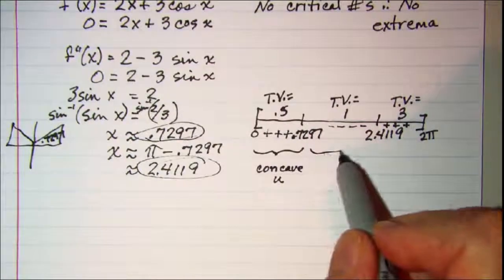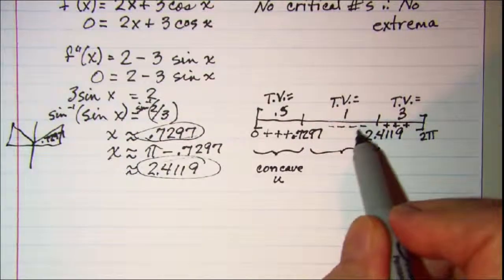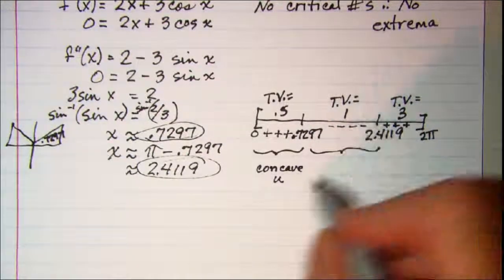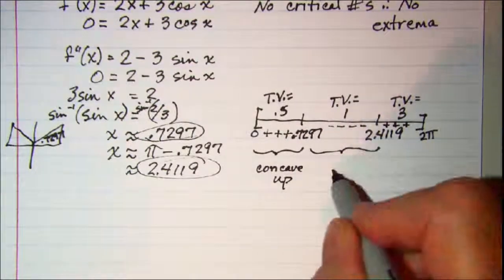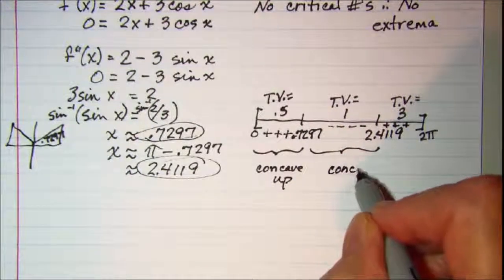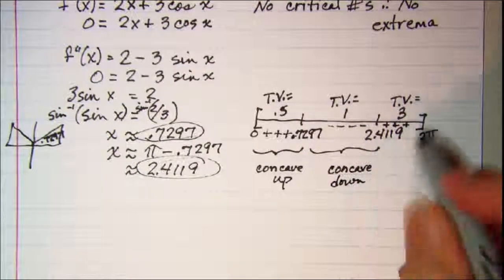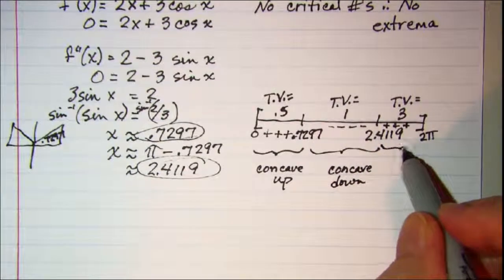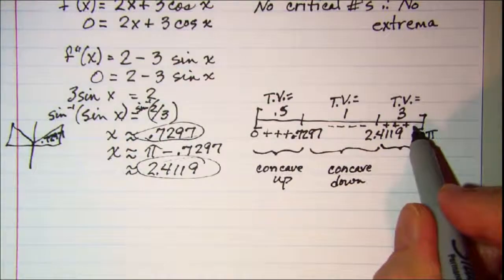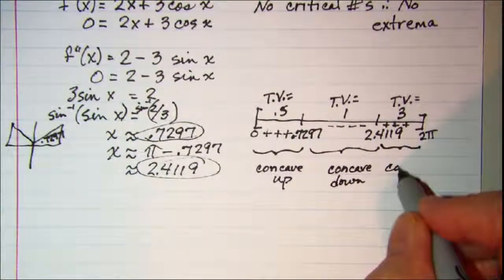In this interval, the second derivative is negative, so it's concave down. And in this interval, my second derivative is positive, so it's concave up.